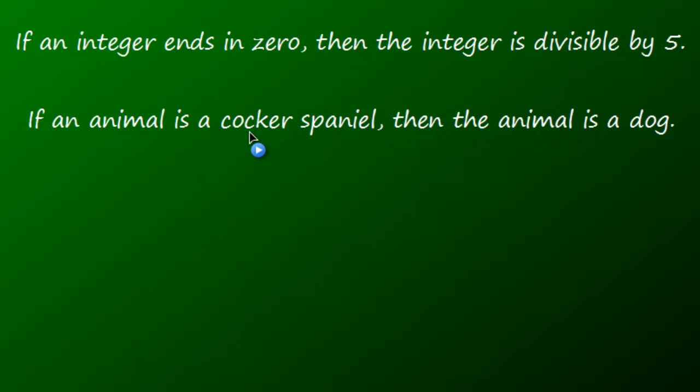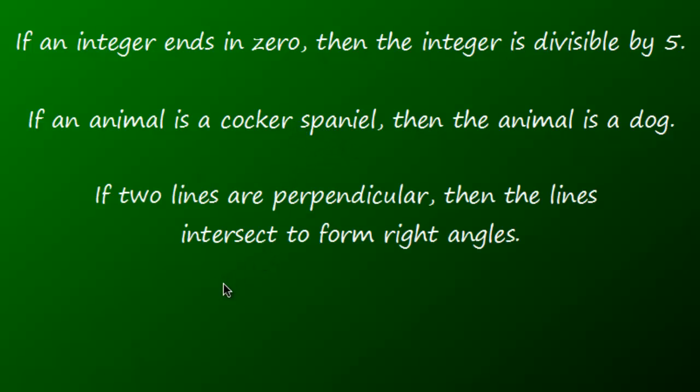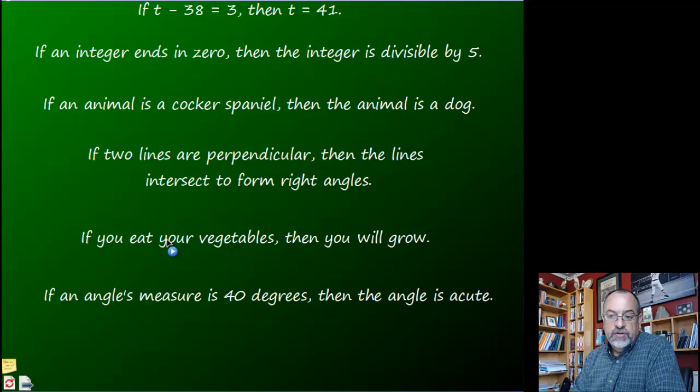So don't be sucked into thinking that the hypothesis always comes first in a sentence, because there is a way to write it where the if comes second, and the hypothesis then is second in the sentence, because it still is the part that follows the word if no matter where that if occurs in the sentence.